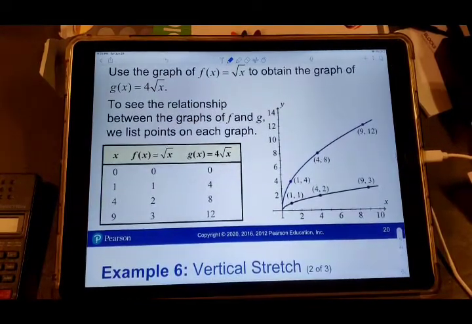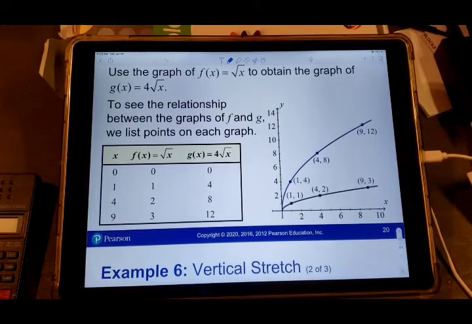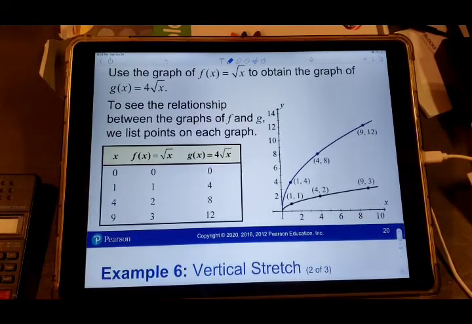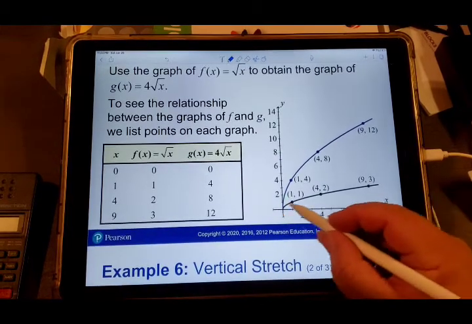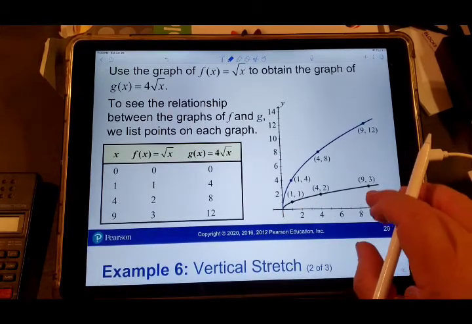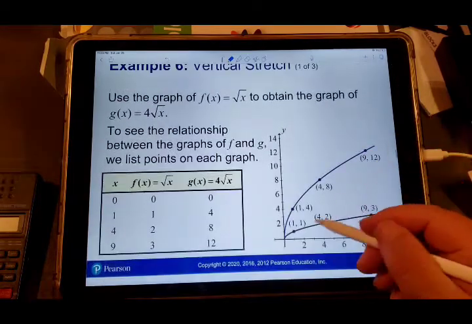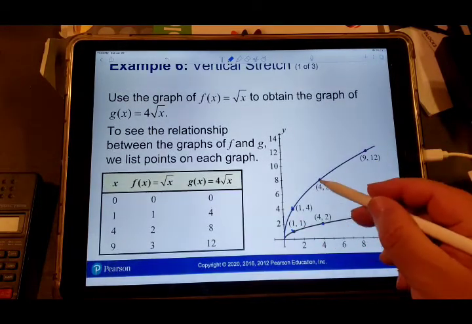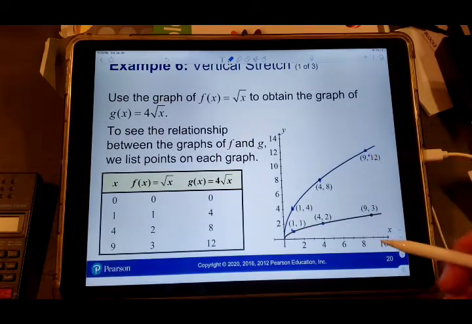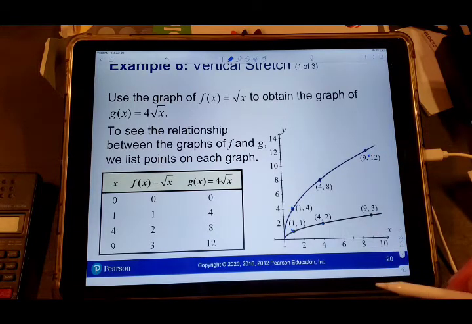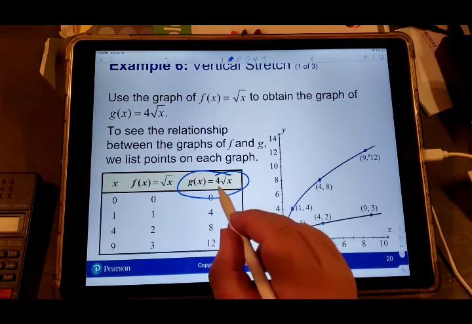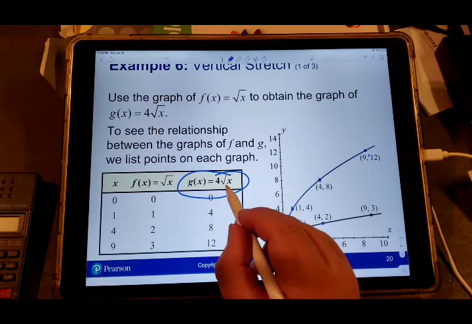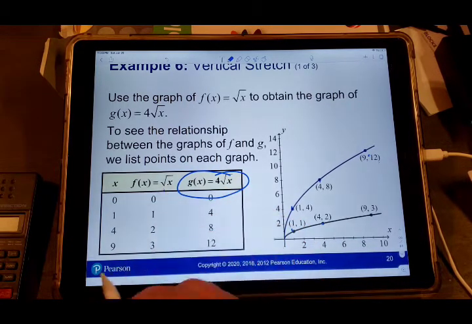All right, stretching. And the opposite of stretching is compressing. If you want to stretch a graph, here for every x value, it's 4 times higher. It's 4 times higher. So to do that, you multiply between the equal sign and whatever the original function was.